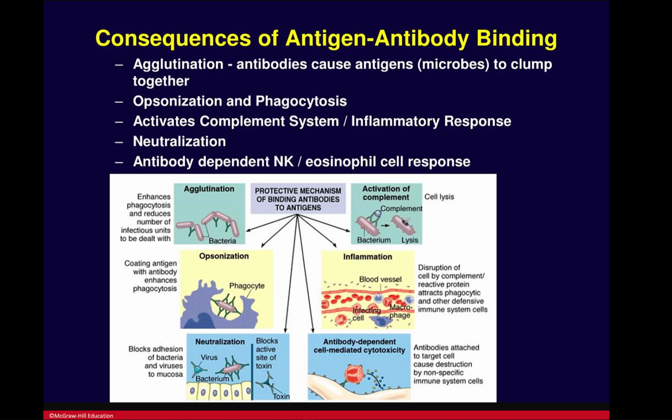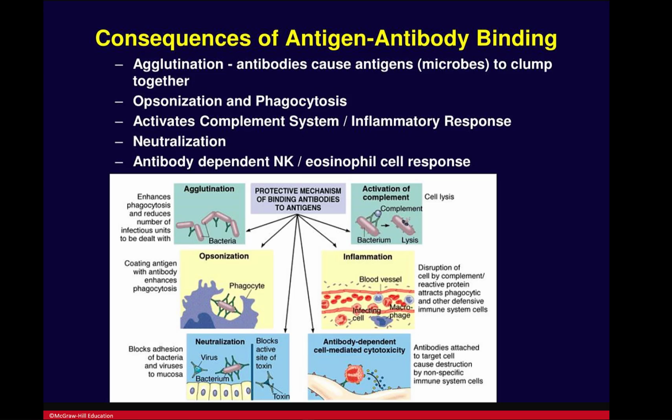So the antibody is sort of like a steak fork, and the end of the steak fork is what makes it easier for the phagocytic cells to grab hold of, and what it's binding to is whatever you stuck the fork into.